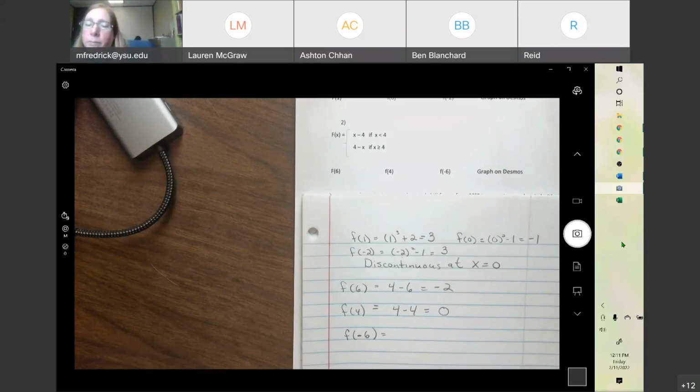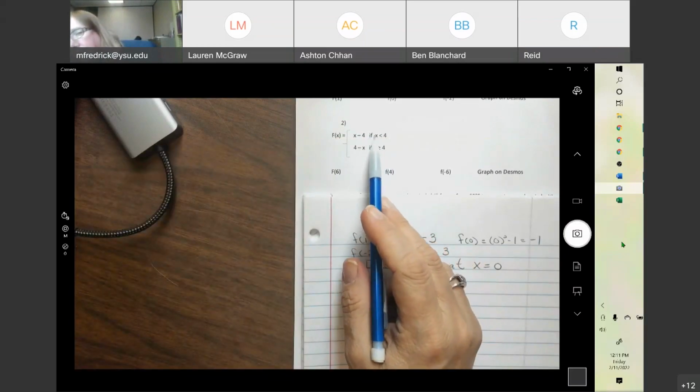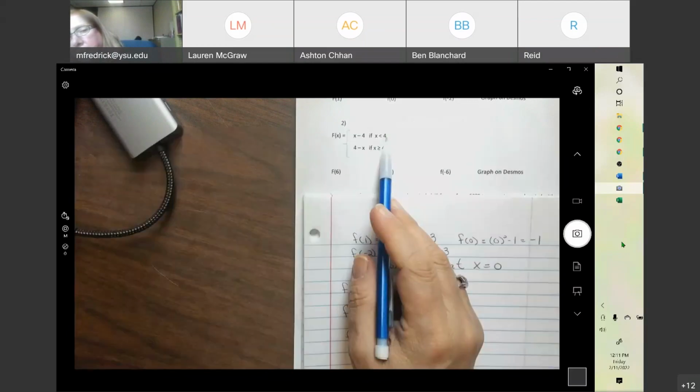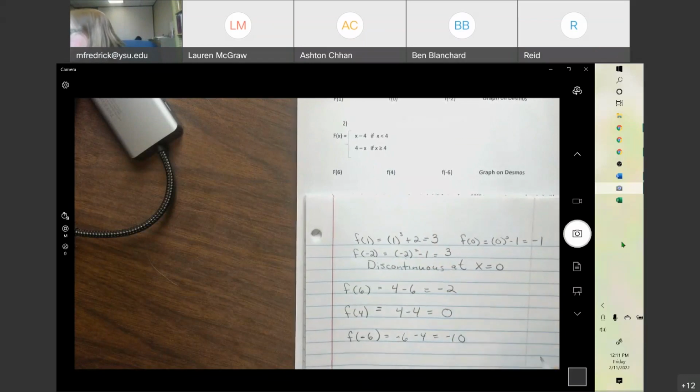Any questions? Plugging in the -6, we'd use the top row because -6 is less than 4. -6 minus 4 is a -10. So any questions on plugging them in and which one to use?